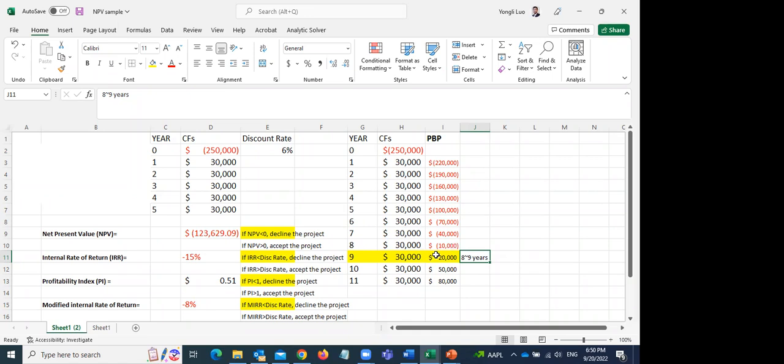So it's one third of the year, which is 0.333. So it's 8.333 years. That's your payback period. So your payback period is 8.33 years.